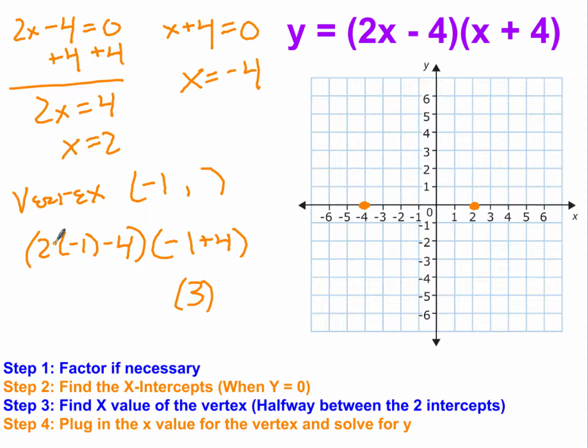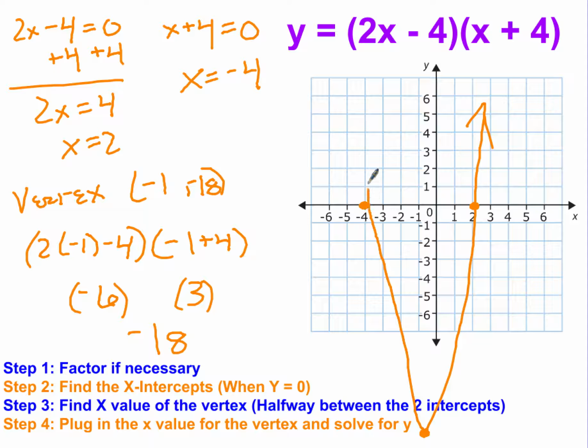And here, 2 times -1 is -2, minus 4 is -6. So -6 times 3 is -18. That means my vertex is at -1, -18. Obviously, this one's going to be a little bit difficult to graph here. That means my vertex is way down here. And there's my parabola.